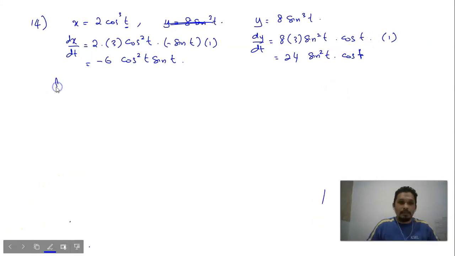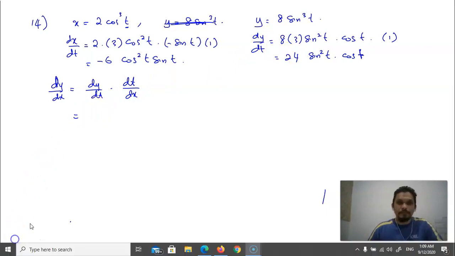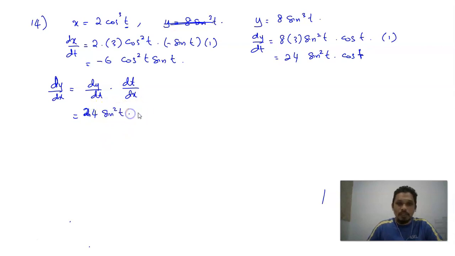Okay, now dy/dx equals dy/dt multiplied with dt/dx. So this is dy/dt here now, so we come out with 24 sine squared t and cos t, multiplied with dt/dx.